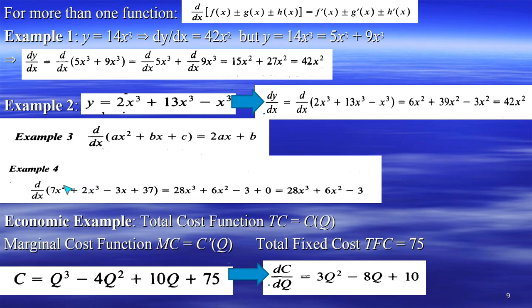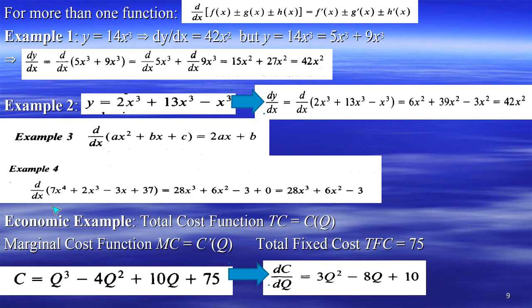We will take the derivative of 7 times x to the power 4 plus 2 times x to the power 3 minus 3 times x plus 37, this polynomial. How shall we take the derivative? We will take the derivative of each monomial, each part of it, and sum up. Very easy, isn't it? Very easy indeed.